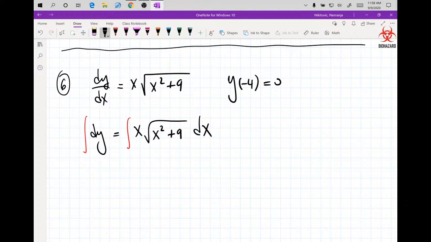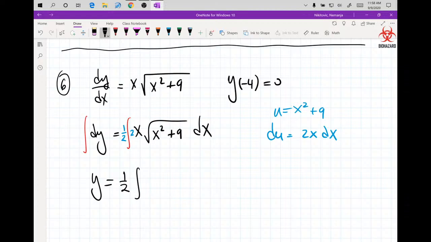Now, for our U sub here, we have u equals x squared plus 9, du equals 2x dx. Now I need that 2, so I'm going to fix that. There we go. And y equals, and by the way, those of you answering U sub right in chat, good job, right? 1/2 integral of root u du.